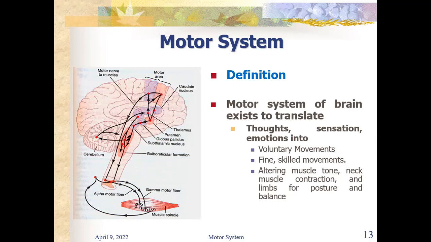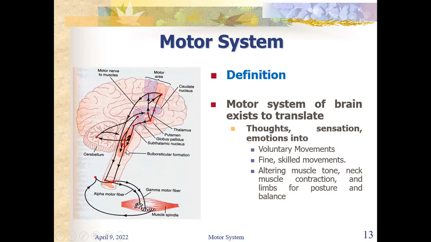In this diagram, you can see the motor system, the motor area. You can see the basal ganglia structures, the extrapyramidal nuclei, those structures that give rise to the extrapyramidal tracts. You can see the thalamus, the putamen, and the subthalamic nucleus.